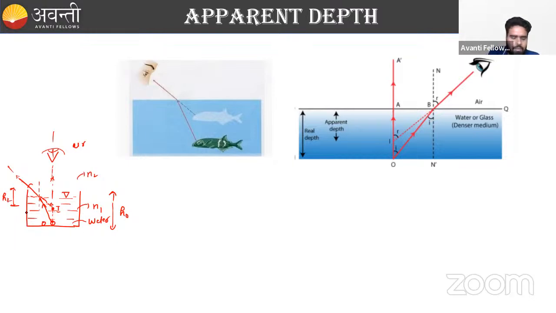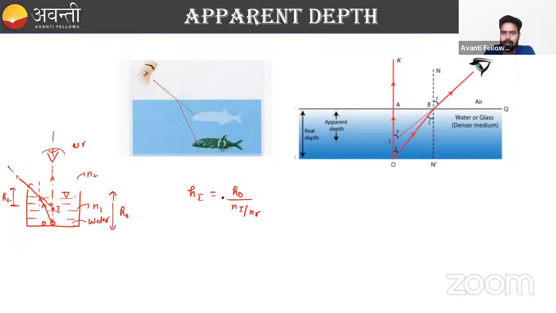And what is the value of the shift? How is this shift given here? What is the image distance from the plane surface? This can be written as the height of the object times n incident ray upon n refracted ray.